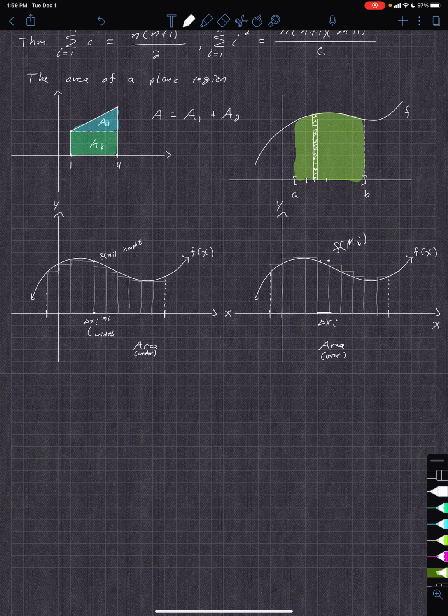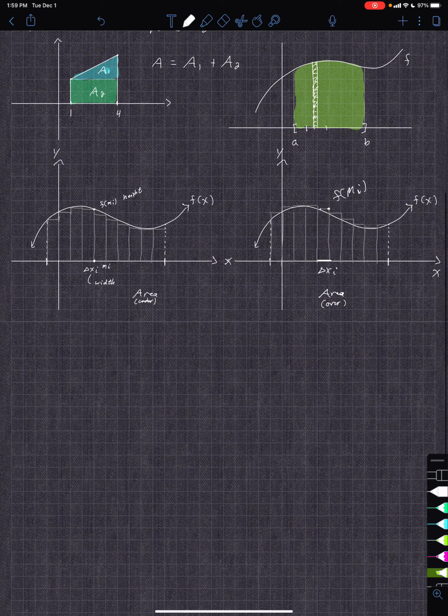It's on the outside. So what we know then is that the actual area under the curve is between this underestimation and this overestimation.